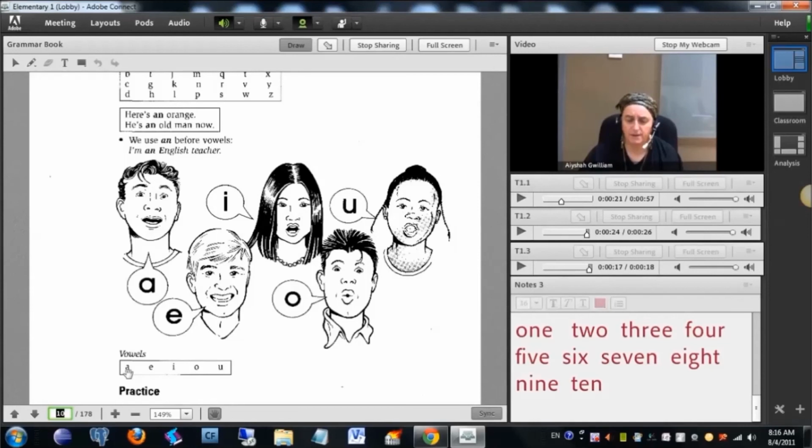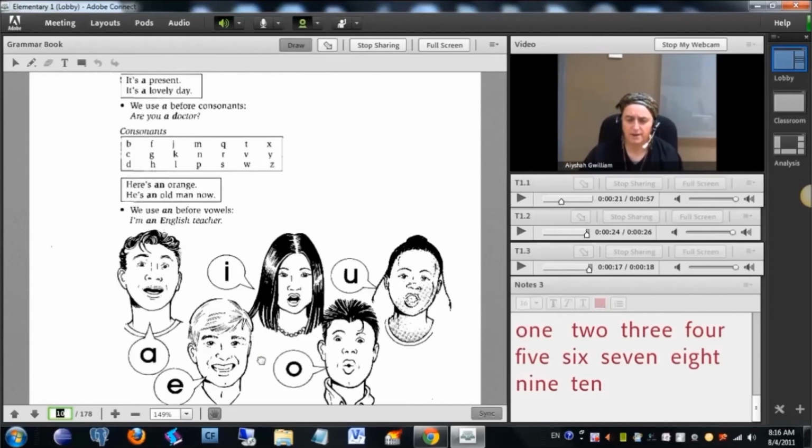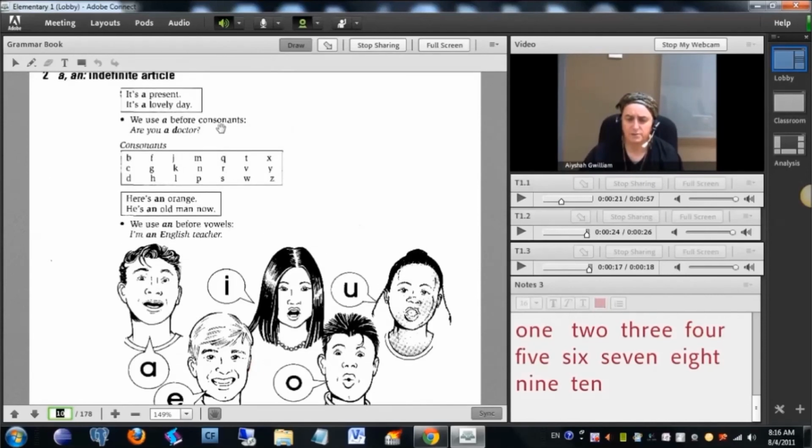These special letters are called vowels, and those letters are A, E, I, O, U. These are the special letters of the alphabet, and they are called vowels. All the other letters are called consonants. Okay? A consonant is B, F, J, M, Q. All the other letters of the alphabet are called consonants.